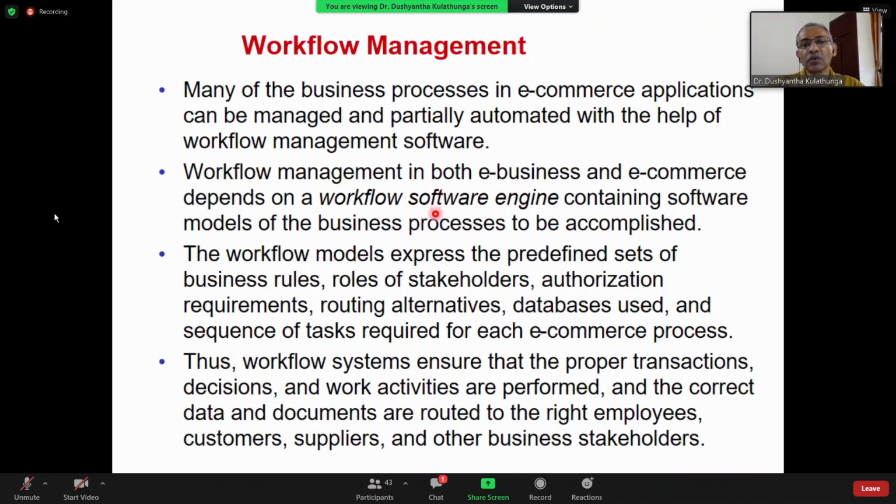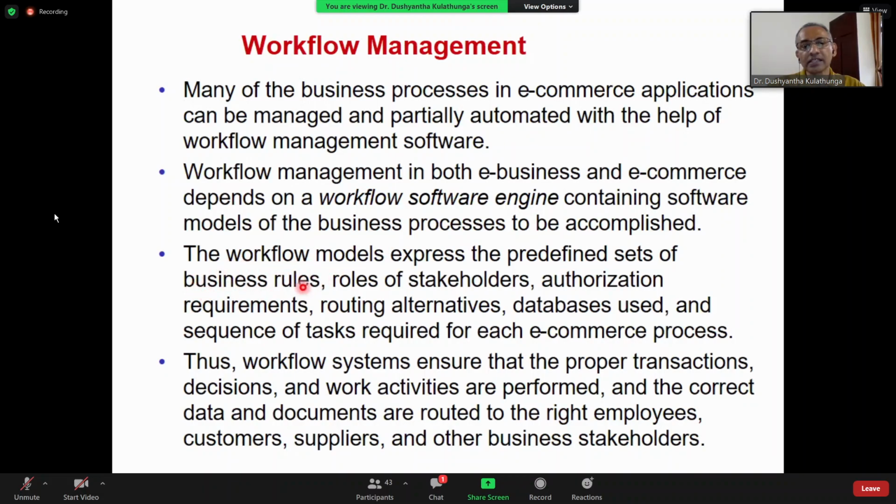In the workflow software engine, it utilizes software models, which are these workflow models. These models consist of a predefined set of tools. A business process is a collection of tasks, and these tasks will be guided by different rules, procedures, or policies. They are available in this model.